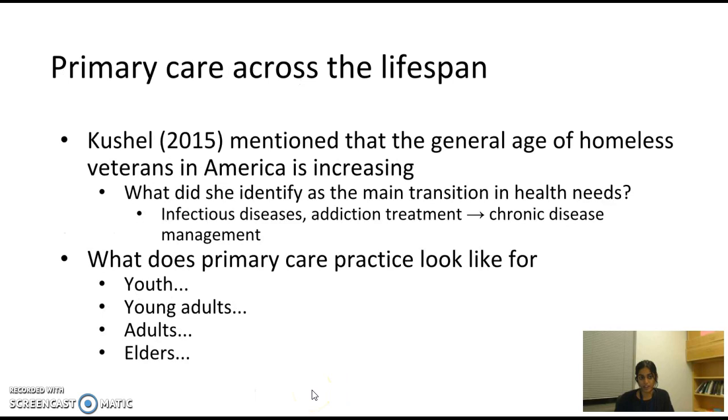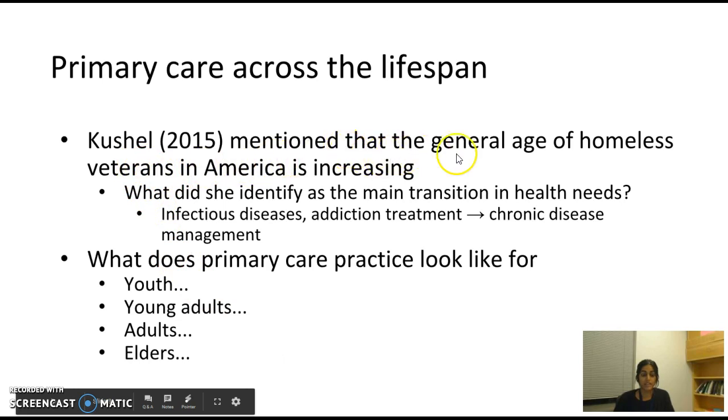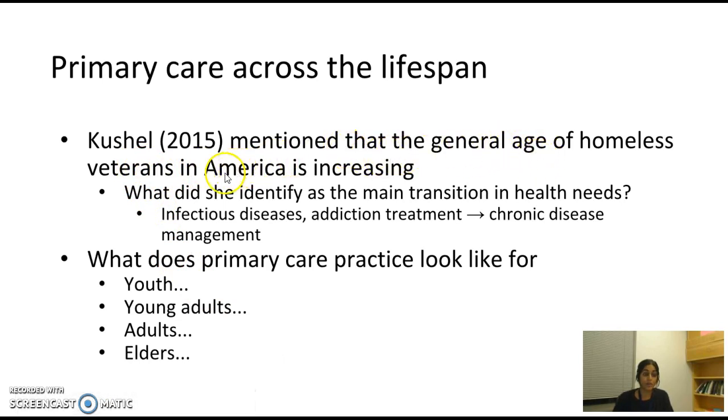So primary care across the lifespan. In the Kushal article, she mentioned that the general age of homeless veterans in America is increasing. So what did she identify as the main transition in health needs for an aging population?